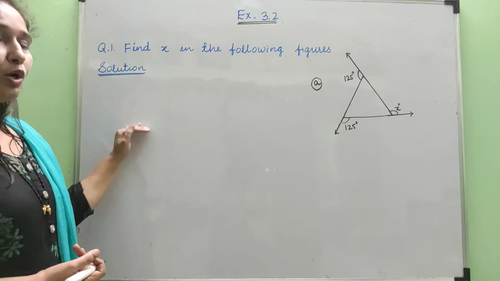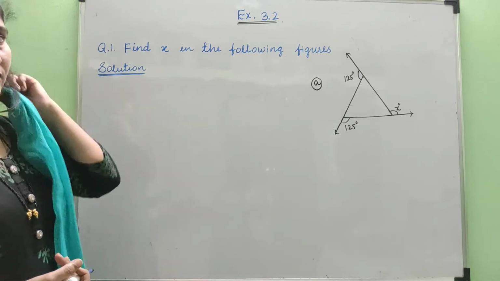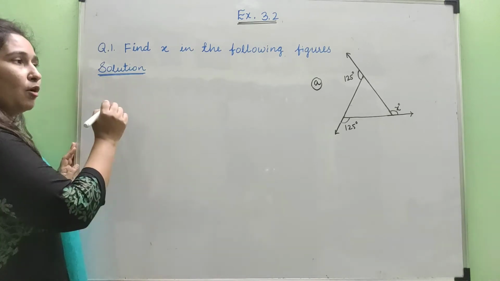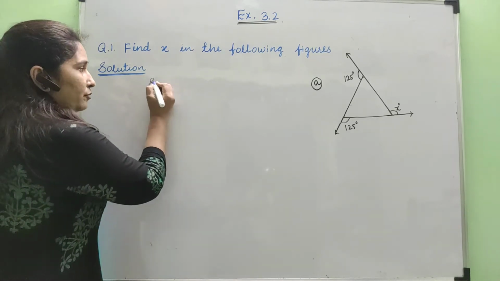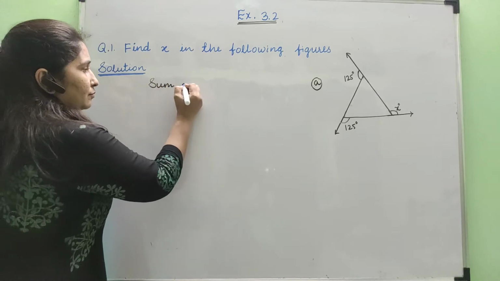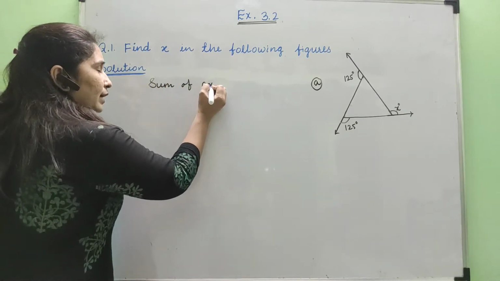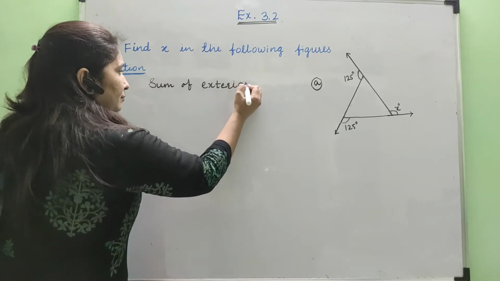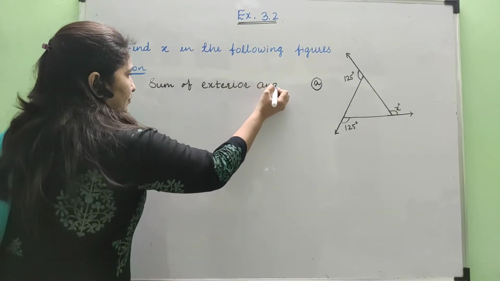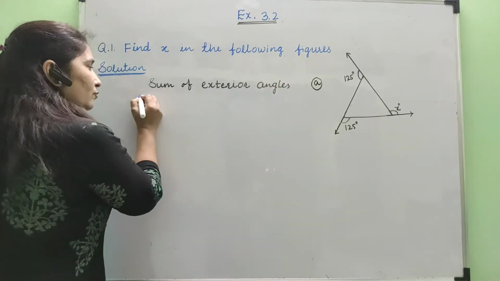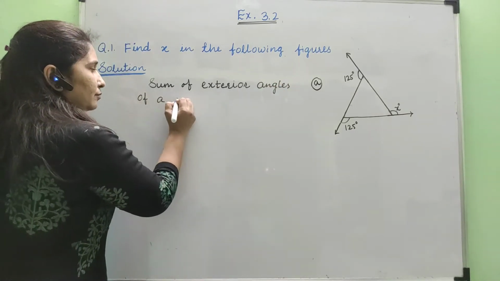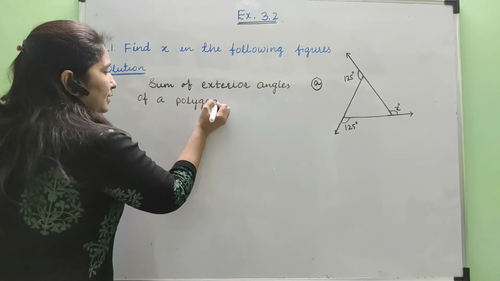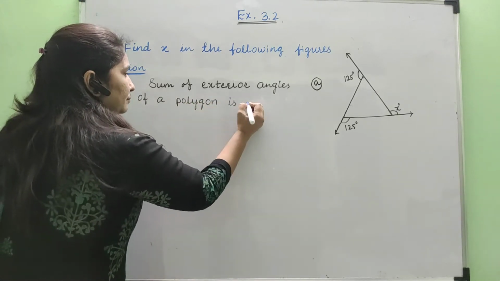So before solving this question, you must mention the property and then start to solve. So we will write property at first. Sum of exterior angles of a polygon is 360 degree.